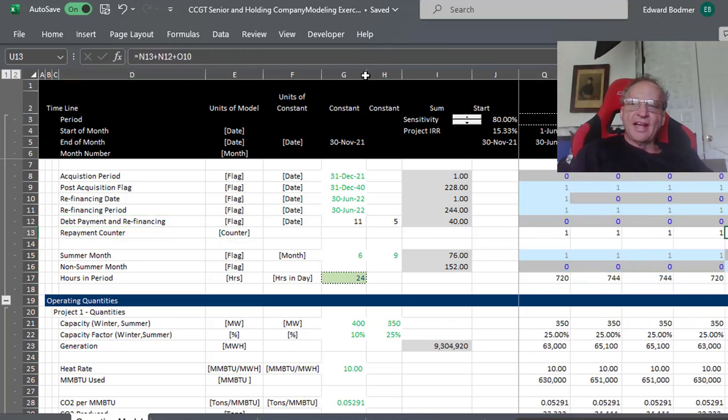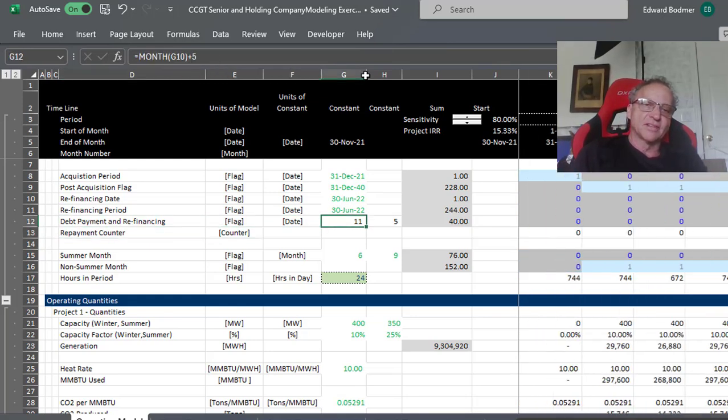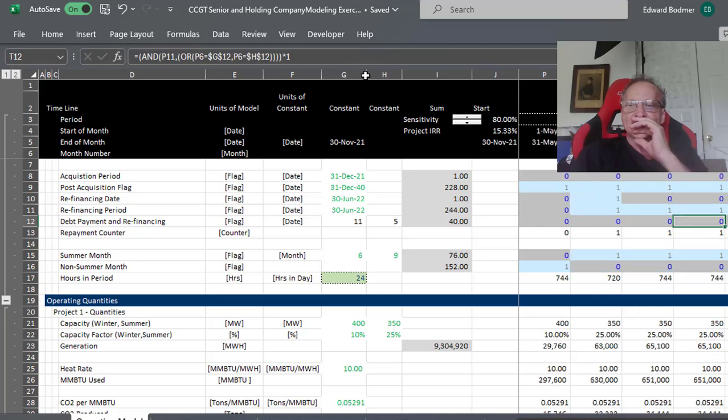And then I put a repayment counter in, and I said, well, let's assume that this refinancing has a semi-annual period. So we put our month in and take 5 months after the first month, and then for the second month we just go backwards one, and then we just use a little bit of an or statement, and it's also got to be after the refinancing period.